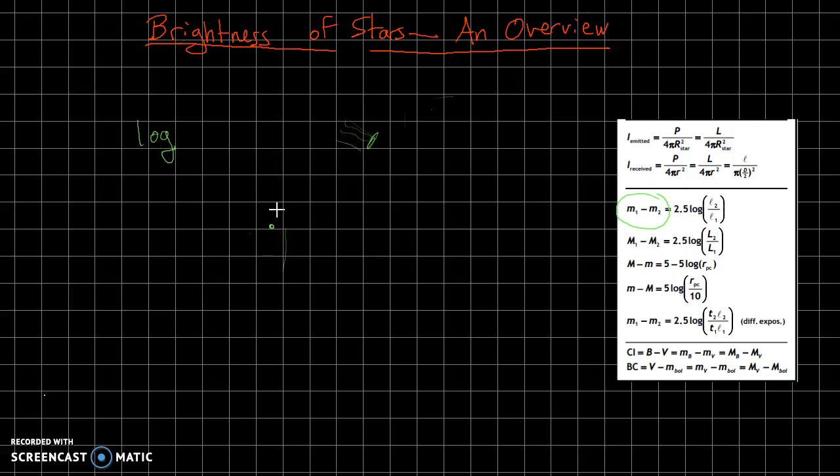So if we have two objects that have relative apparent luminosities L1 and L2, and let's say one is brighter than the other here, then their apparent magnitudes will be a logarithmic function of their apparent luminosities. And if we compare them, so if we subtract the magnitudes, then the relationship is a ratio of their luminosities.